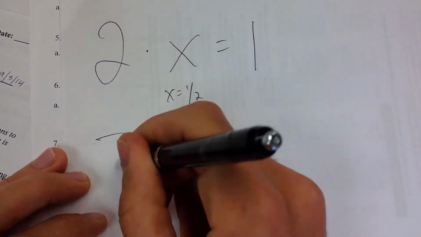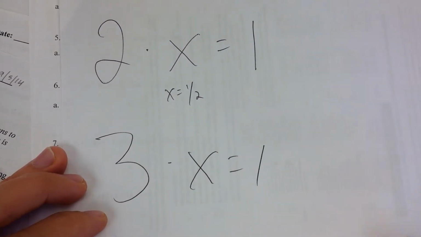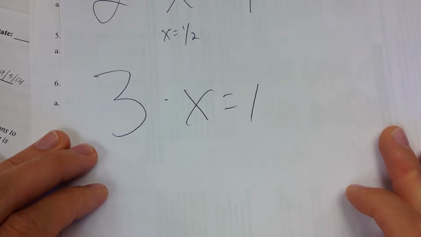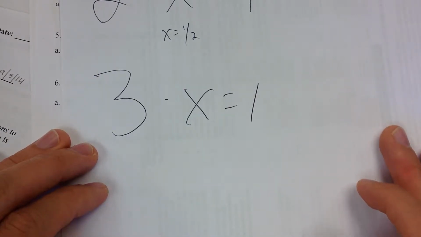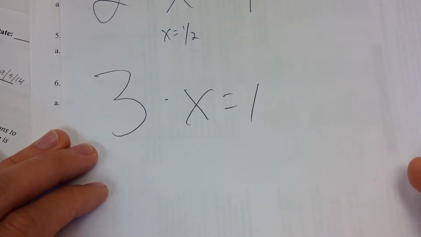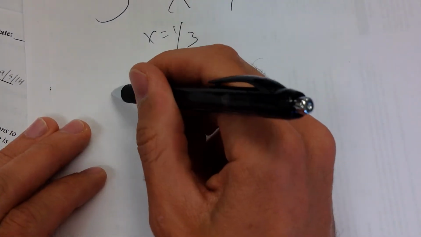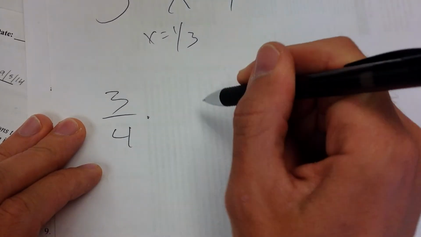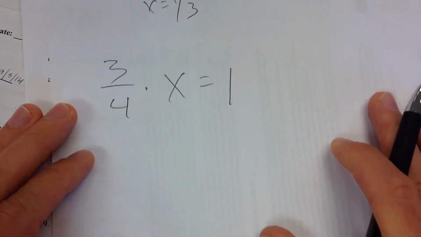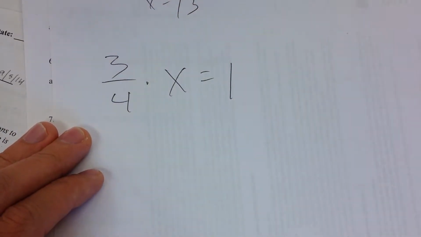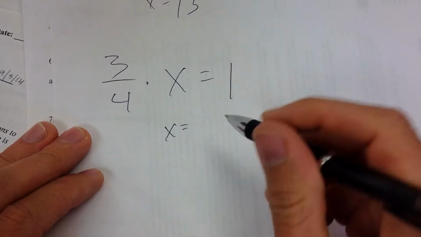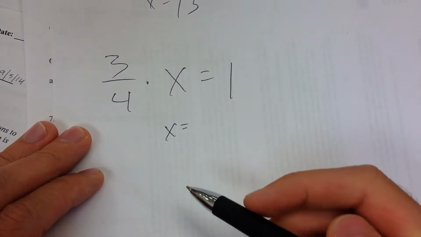It's the reciprocal. 3 times what equals 1, Melanie? 1/3. 3/4 times what equals 1, Melanie? 4/3. You get it? There we go. What is the x in all of these cases?